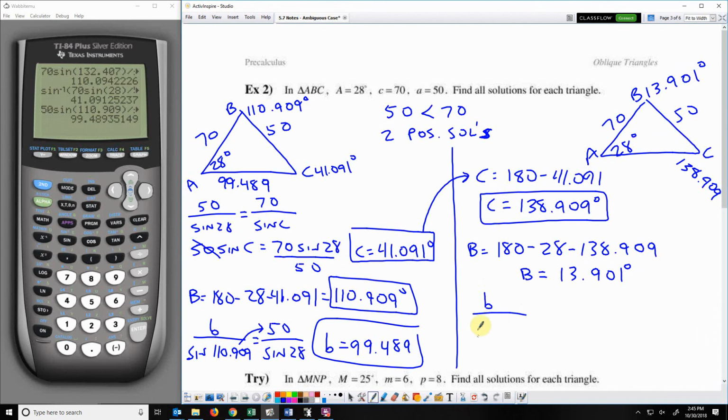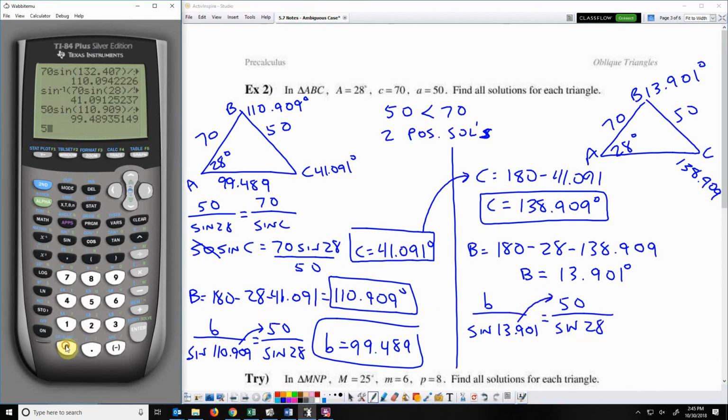So B over sine 13.901 equals 50 over sine 28. So I multiply that across.